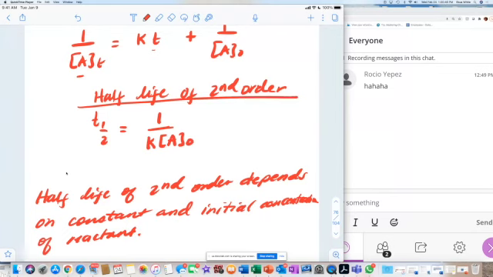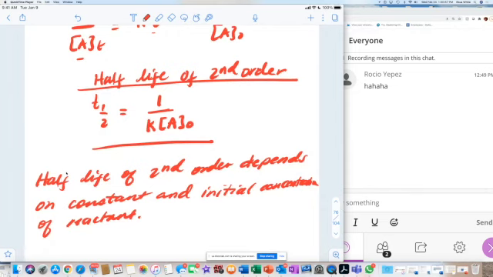Okay? So remember, all I did was describe this equation in words, because it took me a while to realize the conceptual parts in chemistry are just saying the stuff that's in equation and calculation form in words. So you want to get the hang of that. So half-life of second order depends on the constant and the initial concentration.